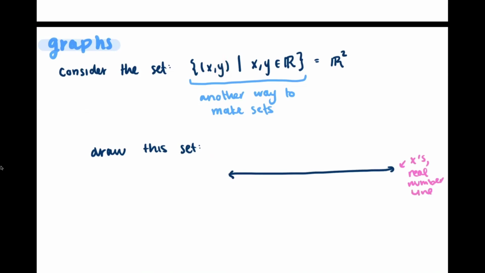And then if I ignore the x, I also have a choice of y value, right? That gives me another real number line. So here are my choices of y's.